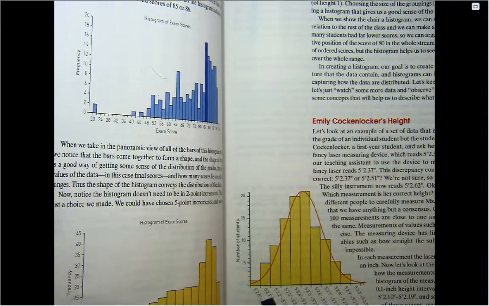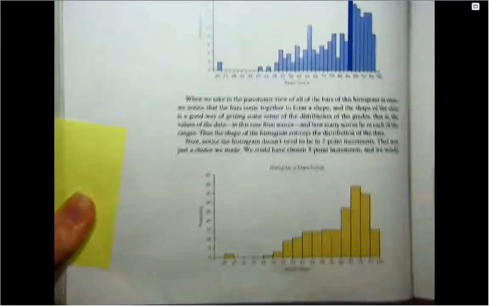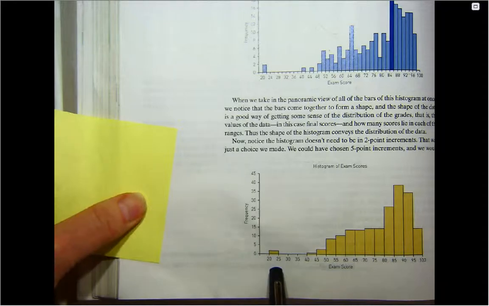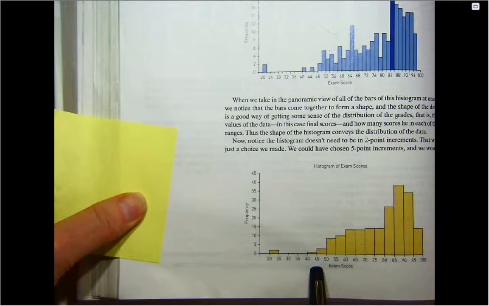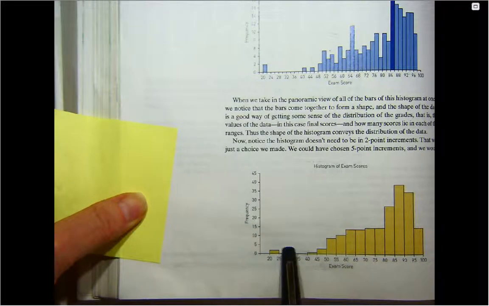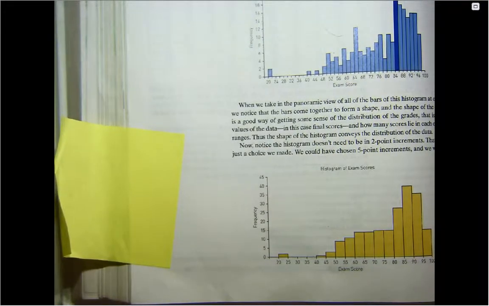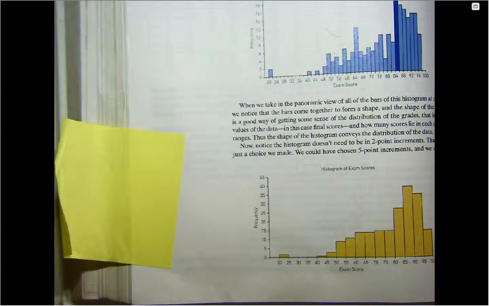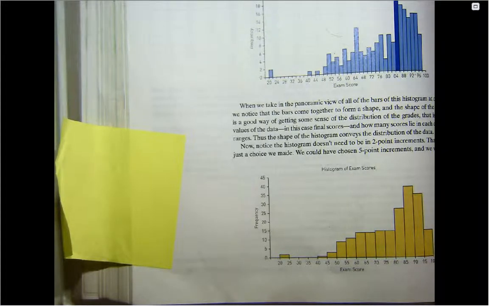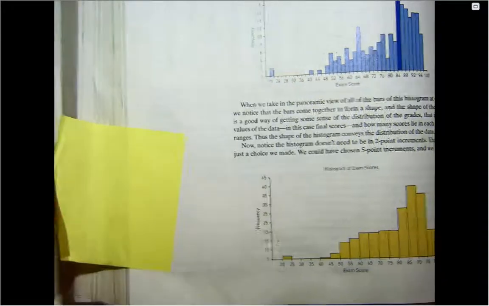But you're not going to have spaces or gaps in between your scale. So here, for example, there's a big gap between the 20 to 25 and 40 to 45. We don't put a little zigzag in there. We want to show the gap because the whole point is to show, look, there's something missing here. There weren't many scores here. And you can't see that if you put those little breaks in, okay? So the scales need to be consistent.